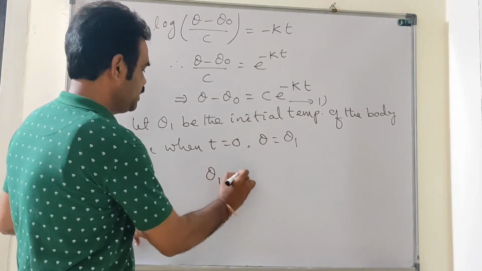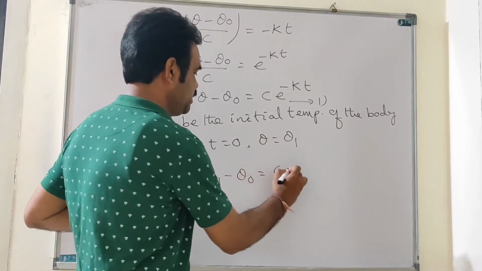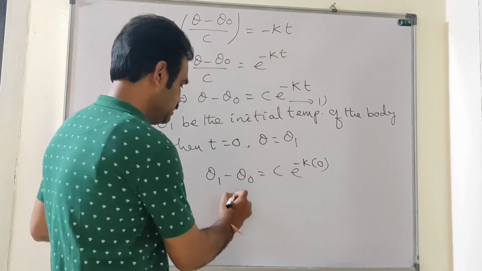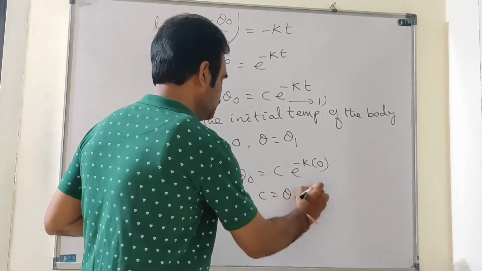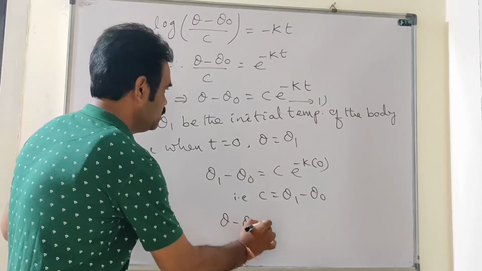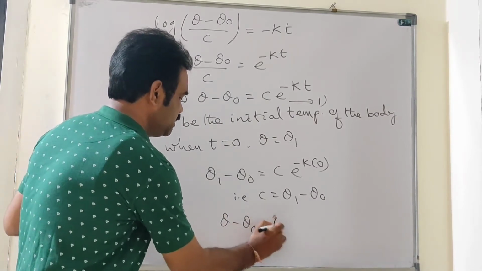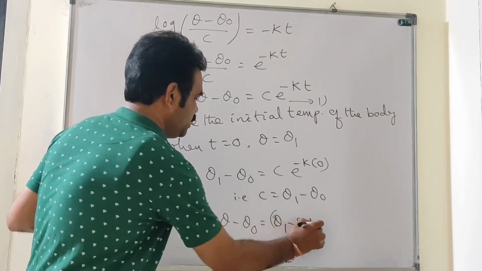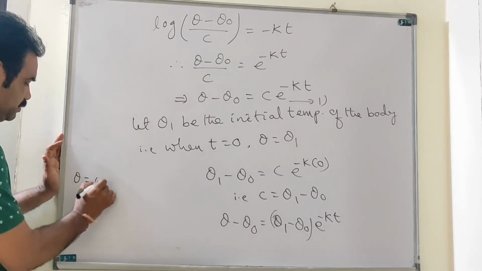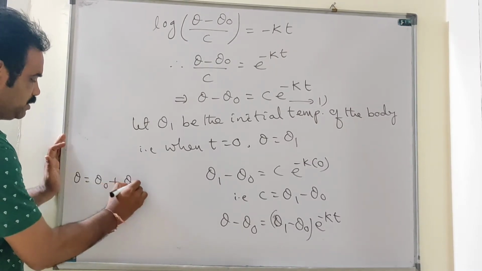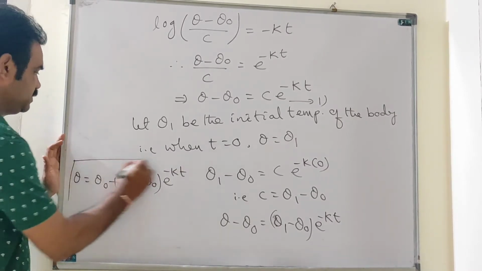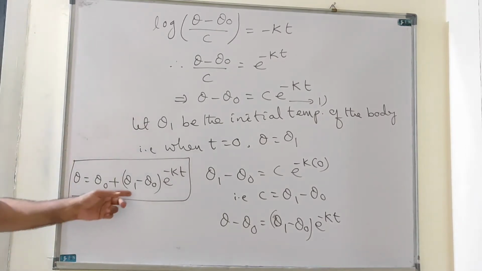Therefore, theta 1 minus theta naught is equal to c e power minus k into 0, since t is 0. That is c equals theta 1 minus theta naught. Substitute the value of c here. Therefore, theta equals theta naught plus theta 1 minus theta naught into e power minus kt, which gives the temperature of the body at any time t.